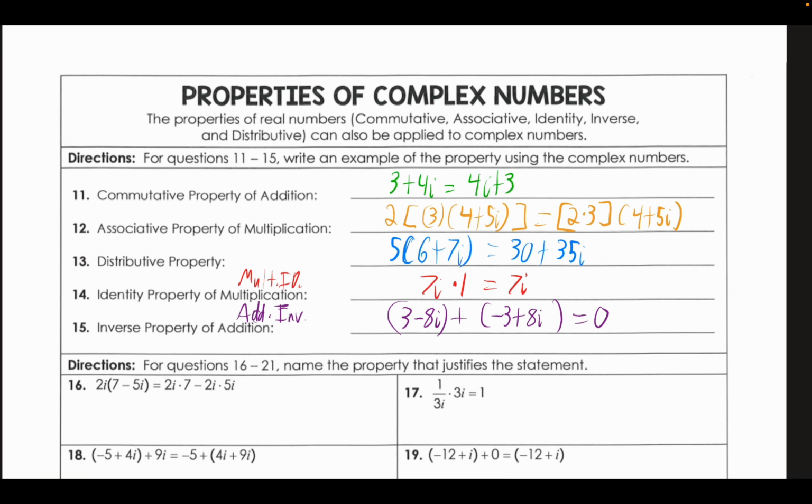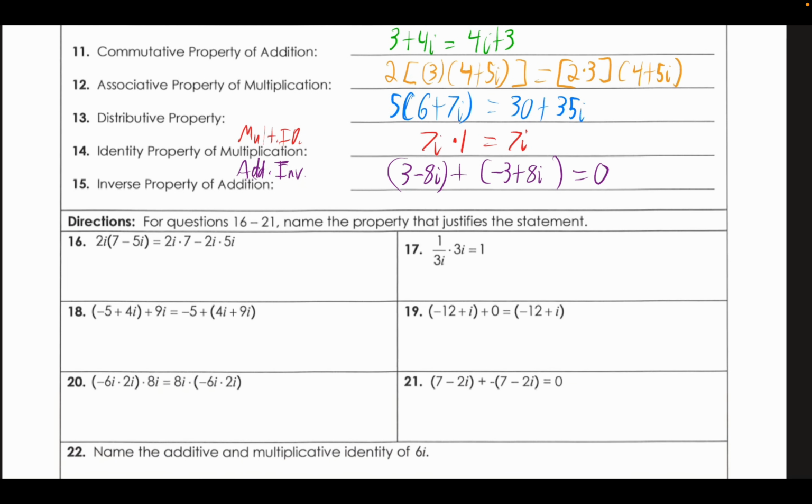Now below, on questions 16 through 21, we're supposed to say which property justifies the statement. On number 16, we start with 2i outside of a parenthesis, and 2i ends up getting multiplied with 7, as well as with negative 5i. This tells us that 2i was distributed, so it's the distributive property.